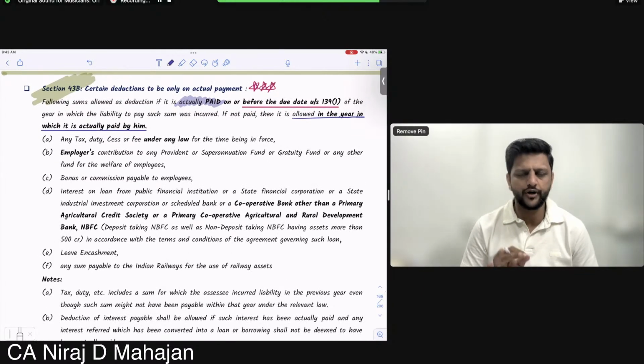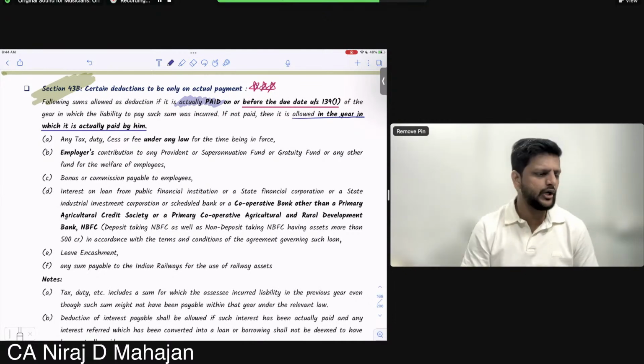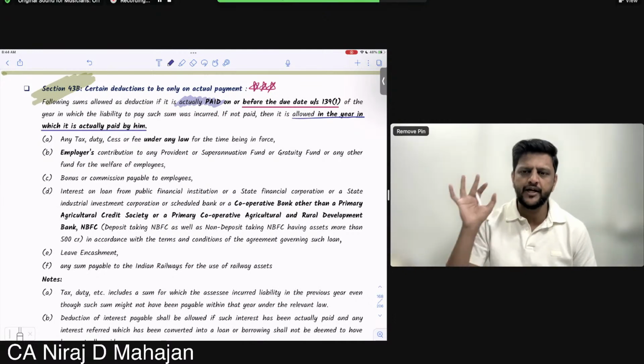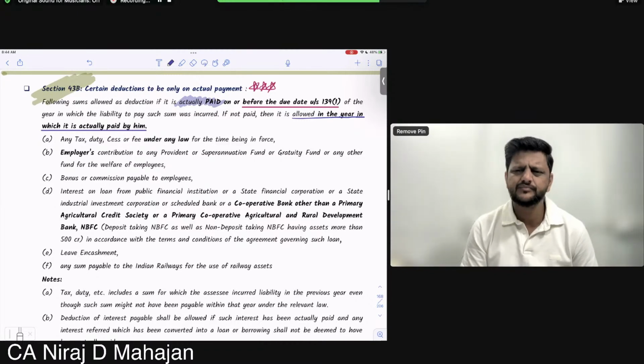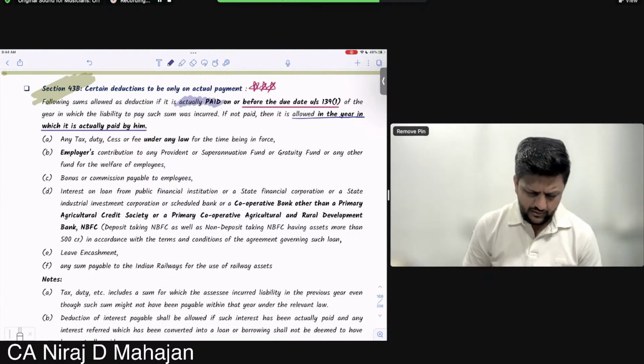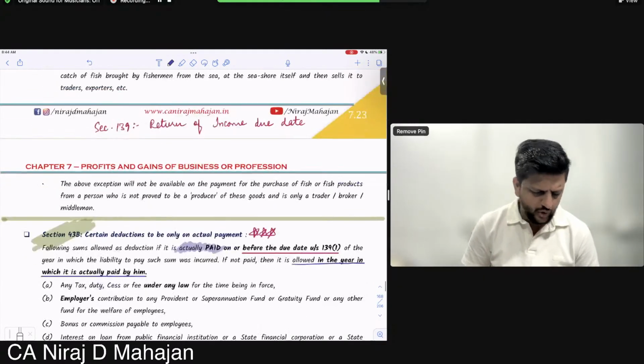Basically, 43B deduction is allowed on payment basis. Whatever items come under 43B, bachcho, they are allowed on payment basis. Agreed or no? Just like, what? Municipal taxes, house property. Yes or no? So write down one important thing in your notebook also.